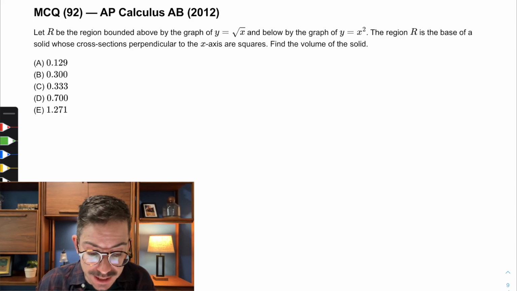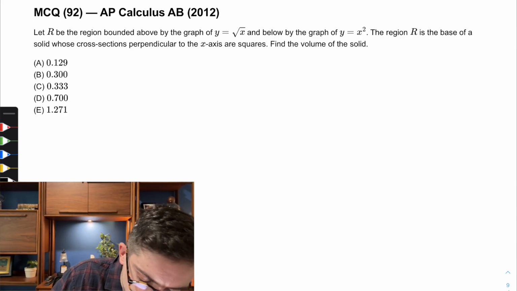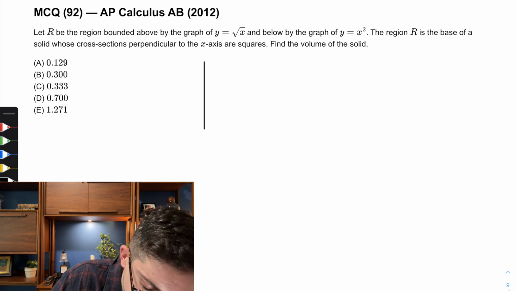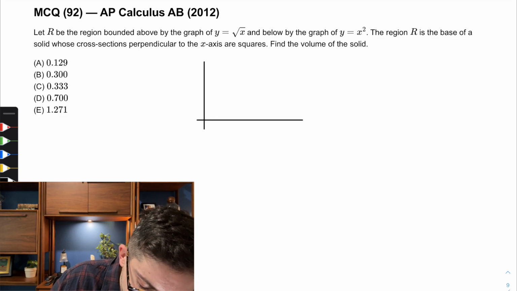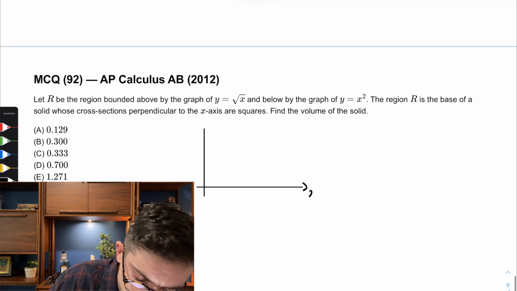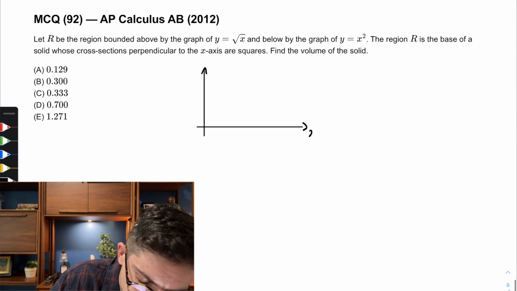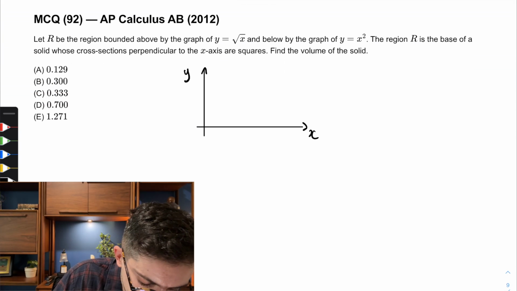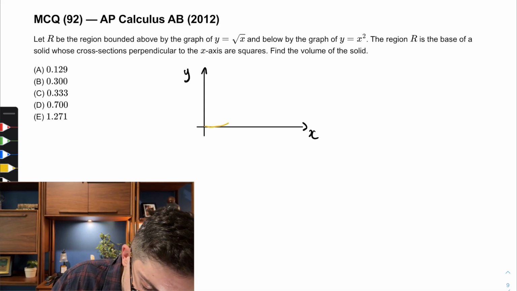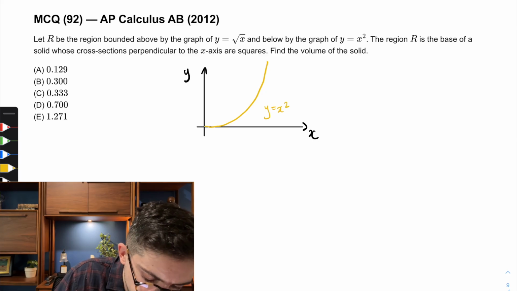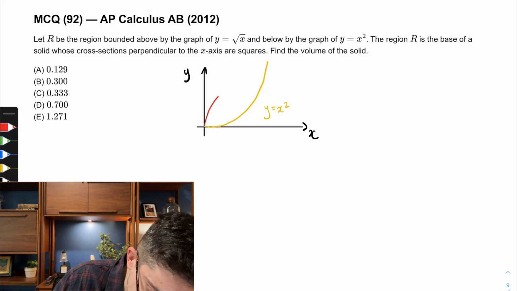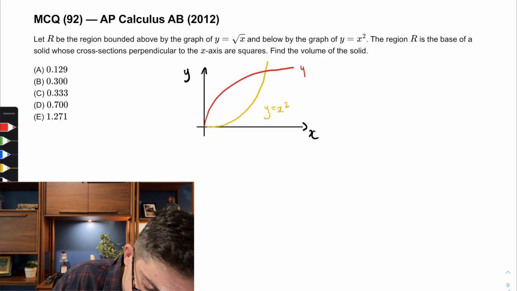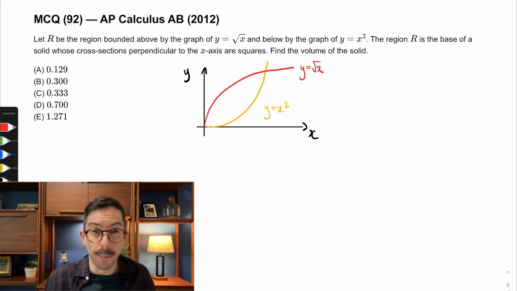It is number 92. We are told that we have a region R bounded by y equals x squared below and y equals root x from above.